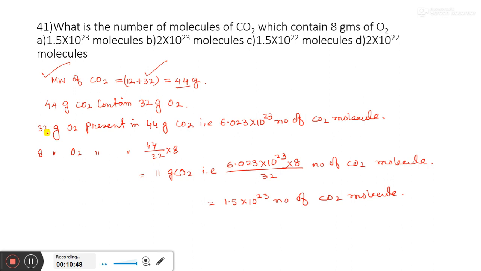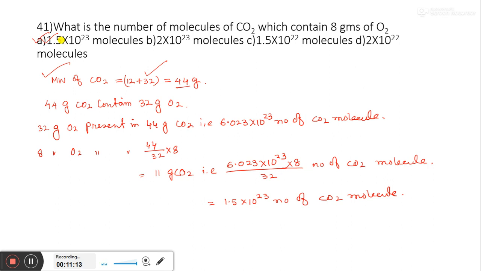The 32 grams of O2 is present in 44 grams of CO2, that means 6.023 into 10 to the 23 CO2 molecules. So 8 grams of O2 is present in 1.5 into 10 to the power 23 CO2 molecules. So option 1 is the correct one. It's a very easy question for the NTSE exam.